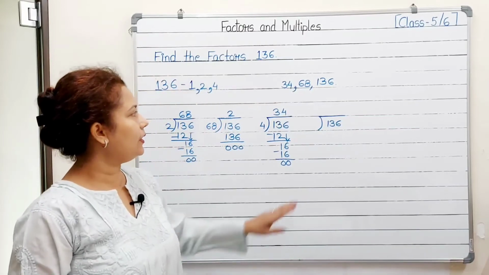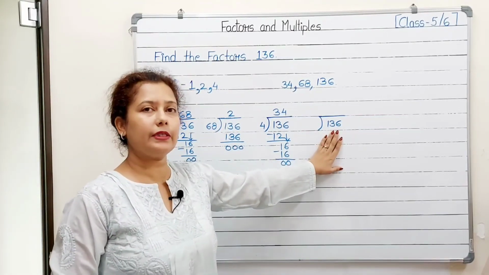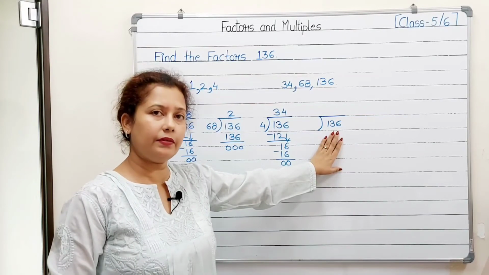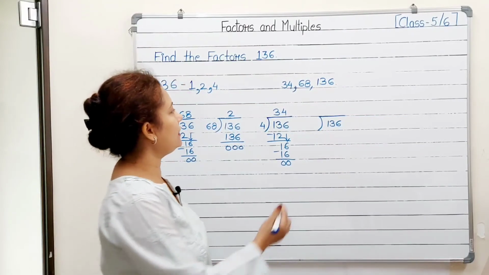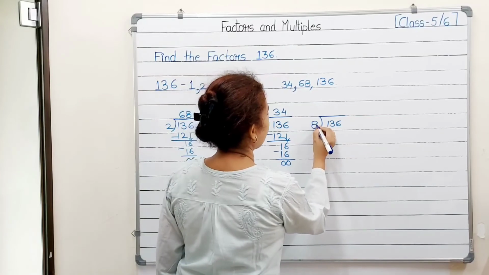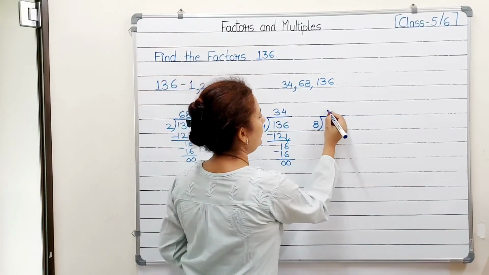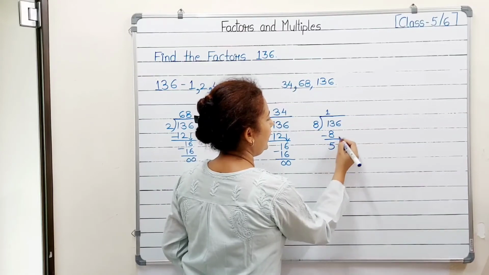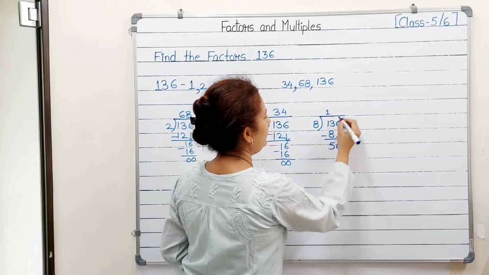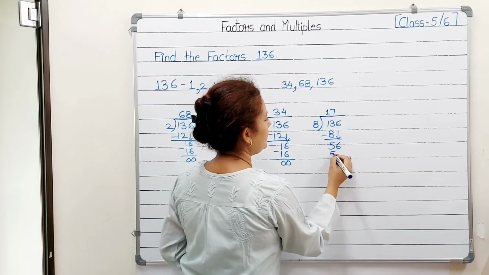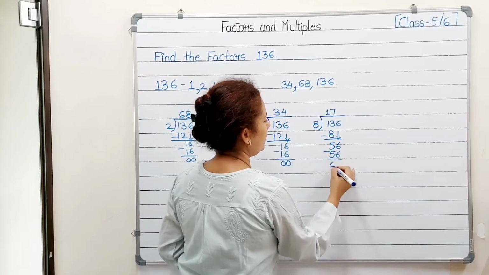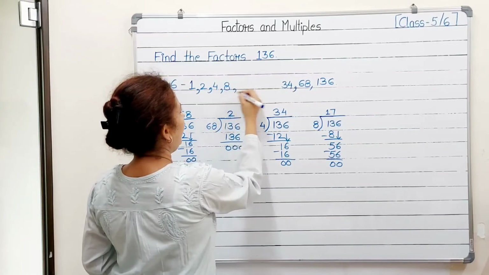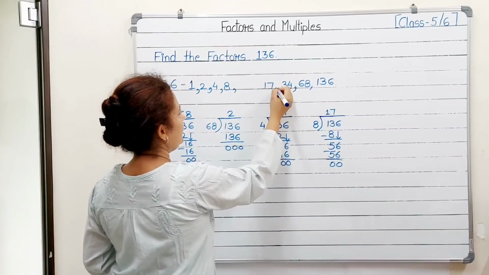Next, 136 is not divisible by 5. It is not divisible by 6. It is not divisible by 7. It is divisible by 8. So 8 into 1 is 8, 5, 6 will come down, 8 into 7 is 56. So here 8 and 17.